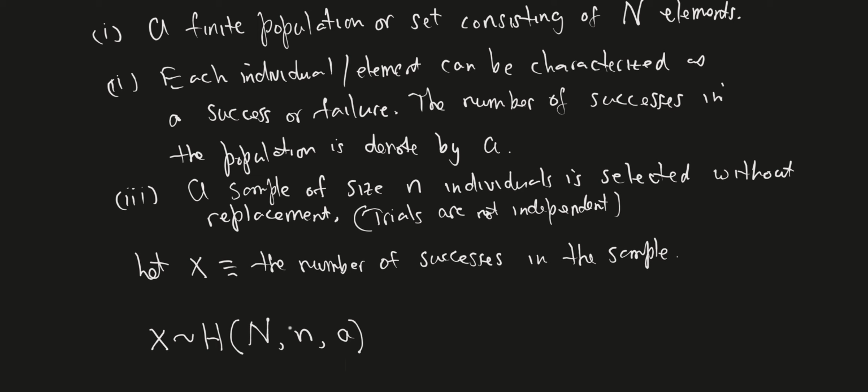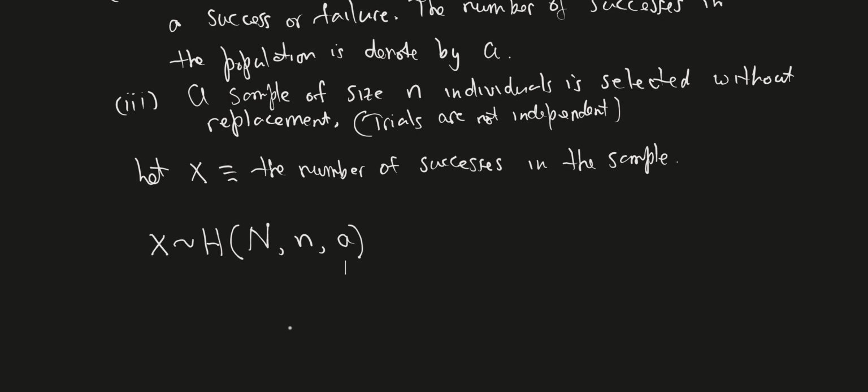Now, because these are three numbers and we don't really know how they compare, it's a little hard to write down what the sample space is. But we do realize that the sample space has to be finite, because the whole idea is we have a finite population and we're sampling from it.